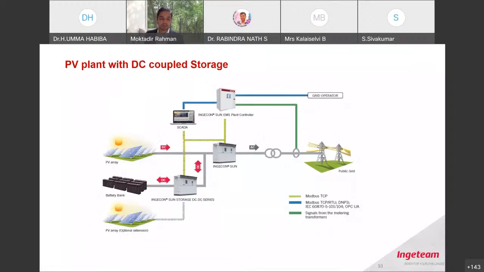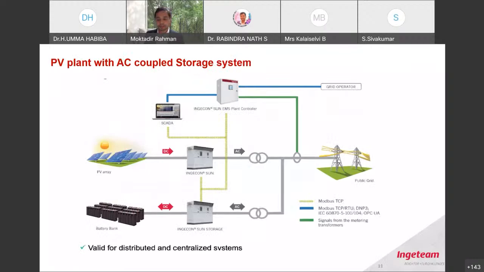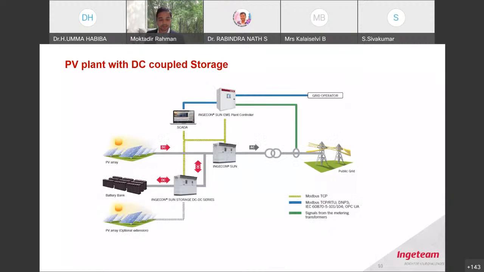Compared to DC coupled and AC coupled, what could be the best solution? For example, in the AC coupled solution, the inverter can give you reactive power support during daytime and nighttime. But in the DC coupled solution, the DC converter will not give you reactive power support. Only the inverter will give the reactive power support.